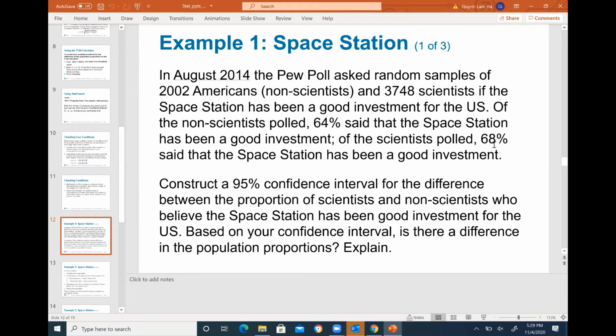Of the science poll, 68% said that the space station has been a good investment. So they gave us two p hat values right here, 64% and 68%, corresponding to 2,002 for 64% and 3,748 for 68%. In order to figure out the number of successes, we should convert, right?